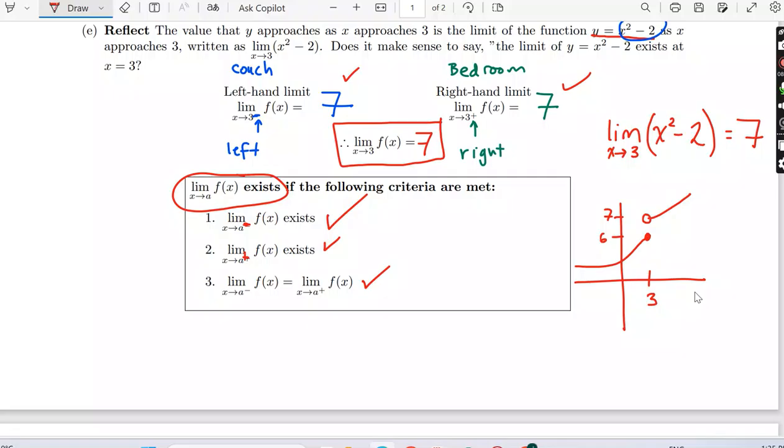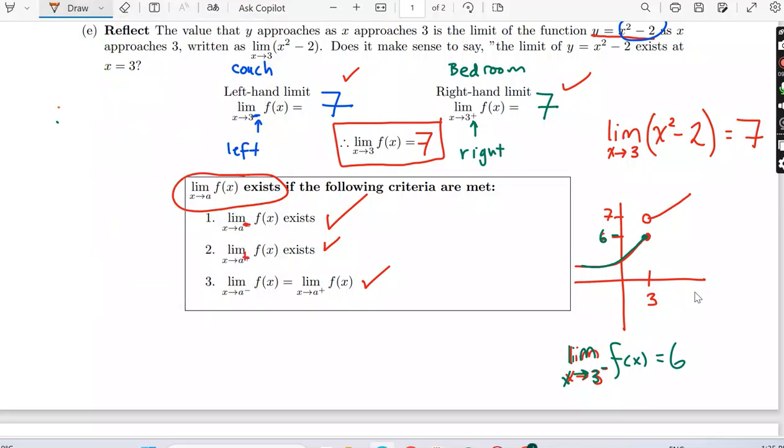So in this example, the limit as x approaches 3 from the left would look something like this. I'm going to use green to represent x approaches 3 from the left of f(x). Well, what does it equal? From the left, it looks like it equals 6.